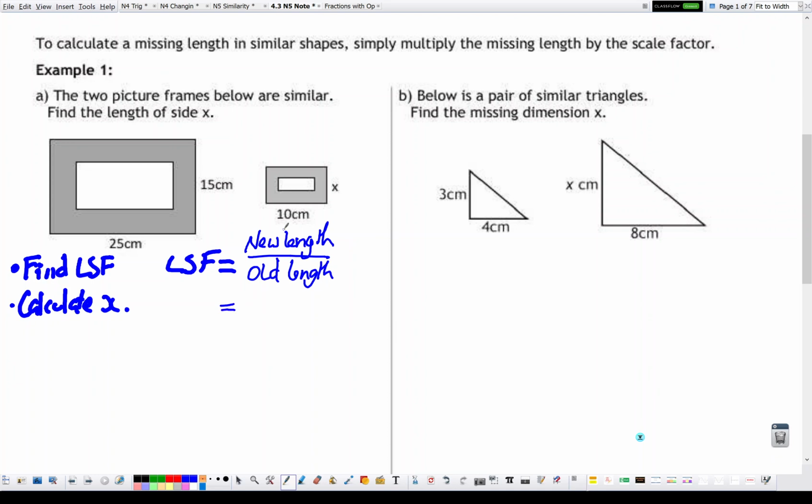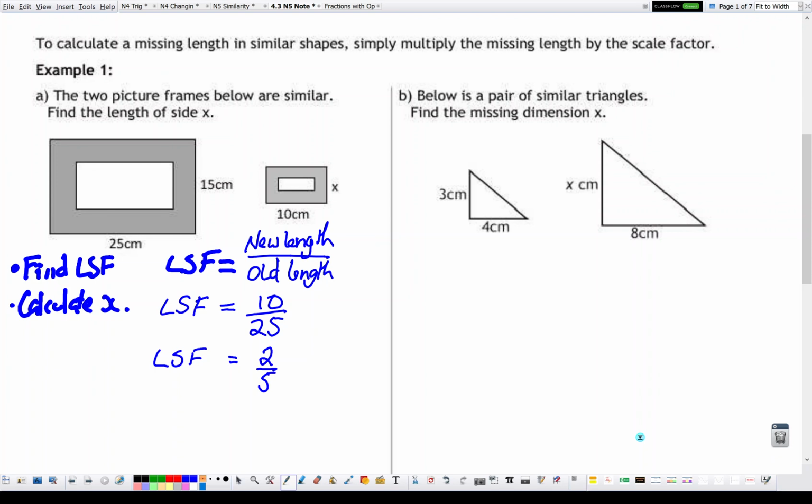In the new shape, I'm going to use these horizontal sides at the bottom because those are the only two sides that I have both numbers for. So it's going to be 10 divided by 25. I will always have to simplify that fraction fully. They're both divisible by 5, so that's going to be 2 over 5.